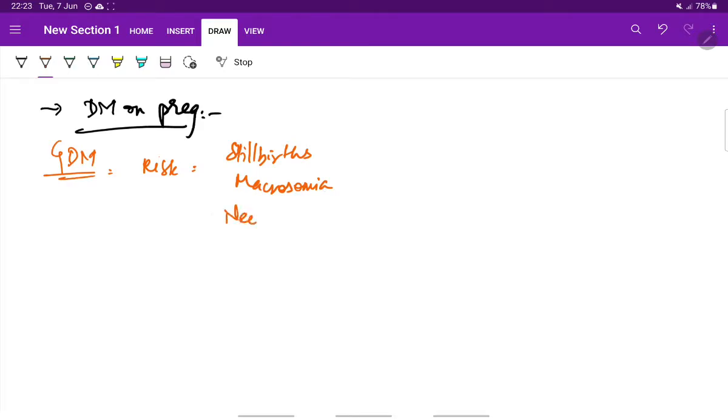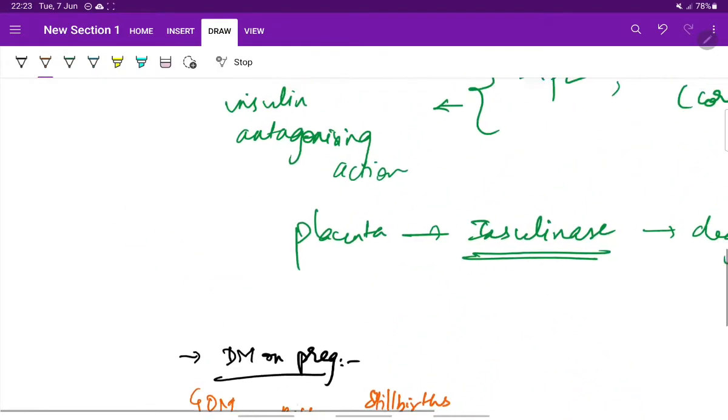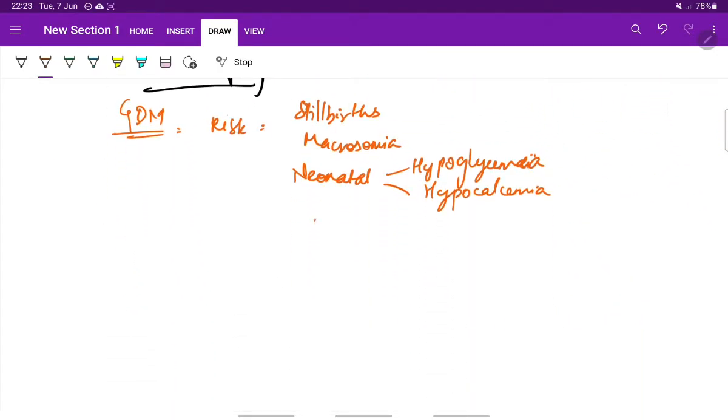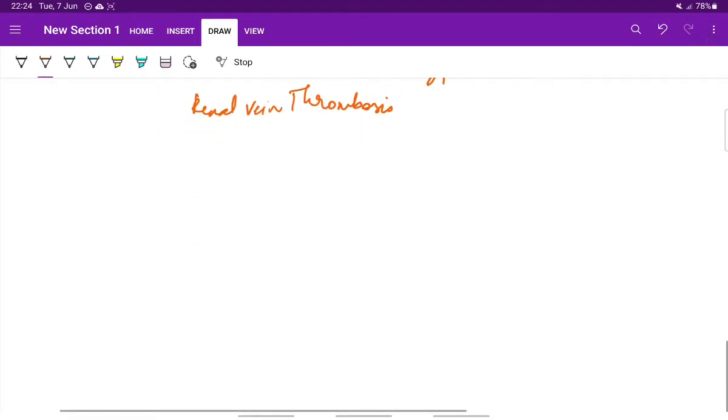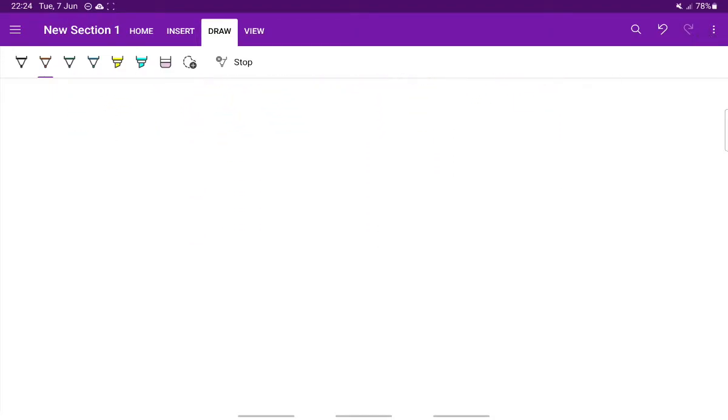Next, there can be neonatal hypoglycemia or hypocalcemia. Also, there is increased risk of thrombosis, especially renal vein thrombosis. Overall, these are the important risks in gestational diabetes mellitus. Let us see all the other risks one by one.